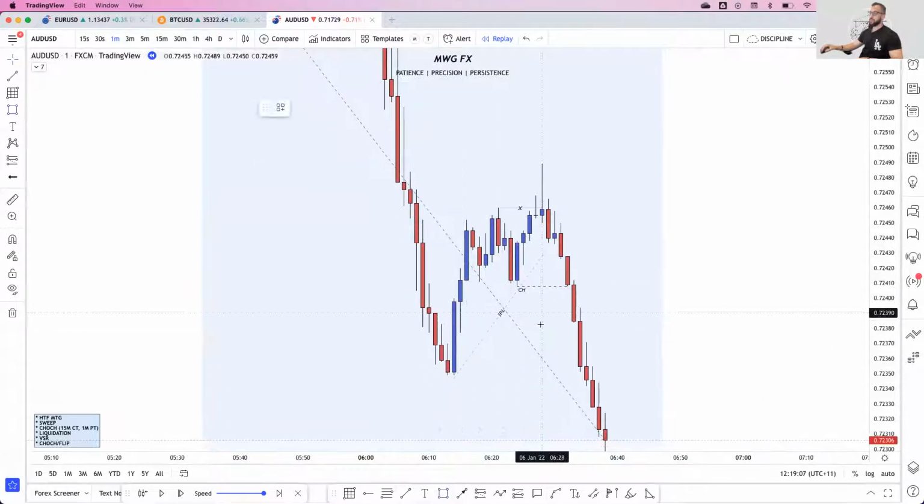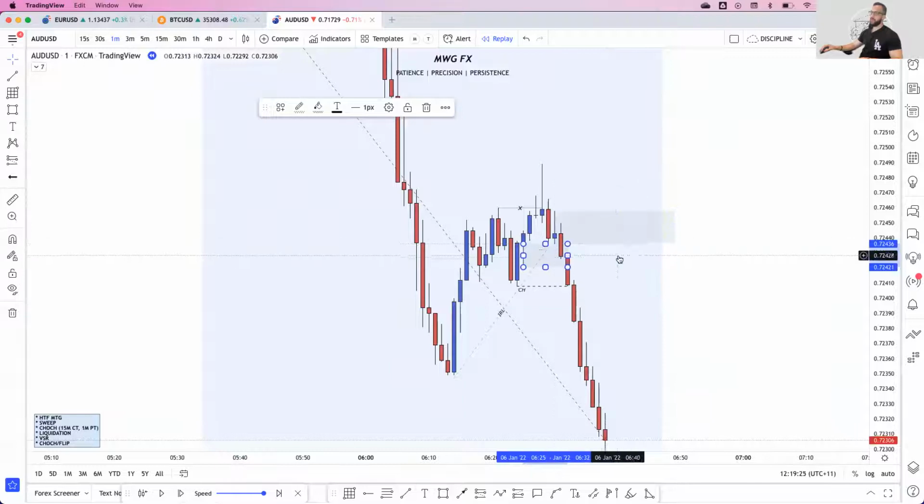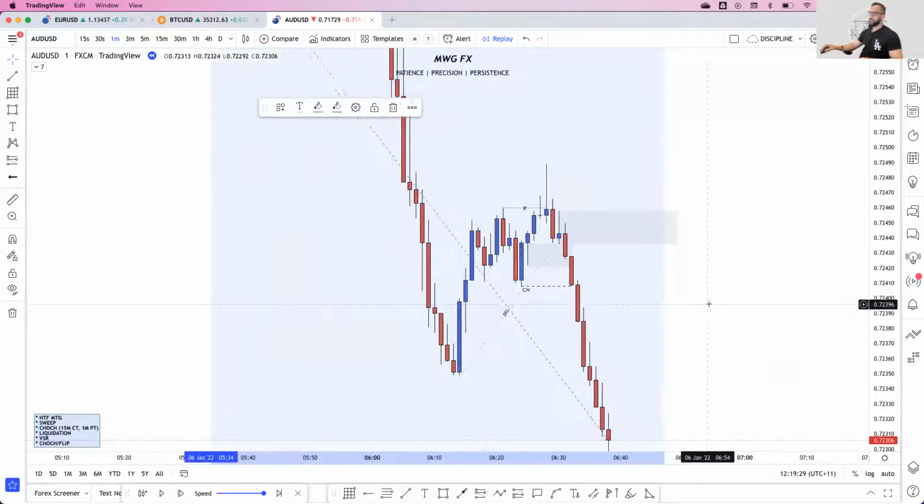Okay, so we could potentially look at entering off this as a continuation. Here we don't really have a flip, or we sort of do if we look at it like this. So this is your demand that caused this sweep. We had a reaction off of this, and it's really the same zone that we would have been looking at anyway. So we can label this as a demand to supply flip.